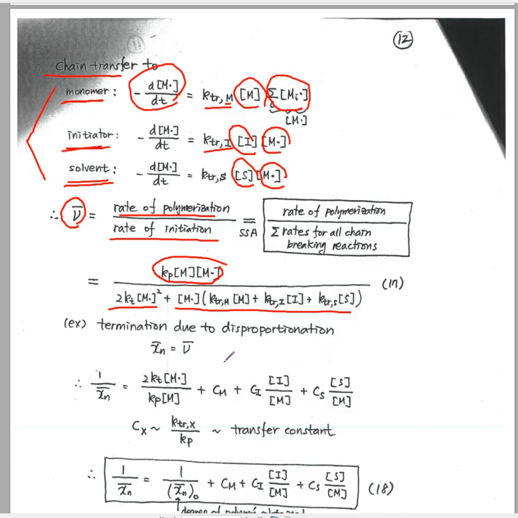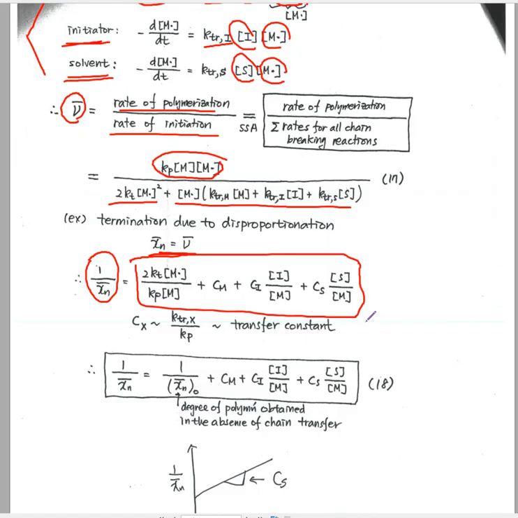If you consider the disproportionation only, then Xn, the degree of polymerization, should be equal to the kinetic chain length. If you take the reciprocal on both sides, 1 over Xn should be equal to something like this.